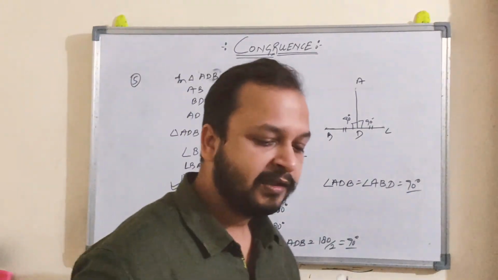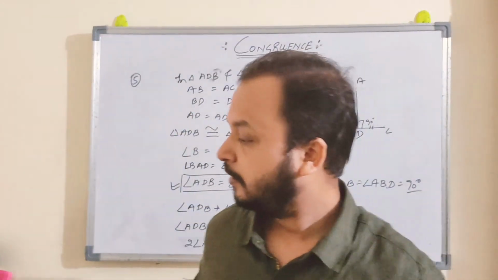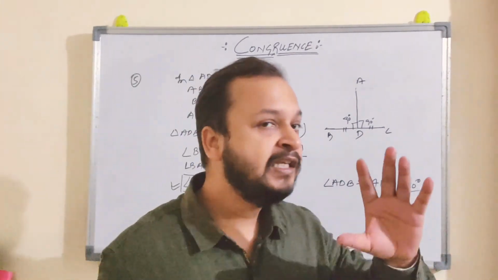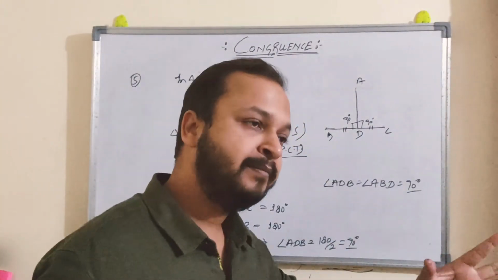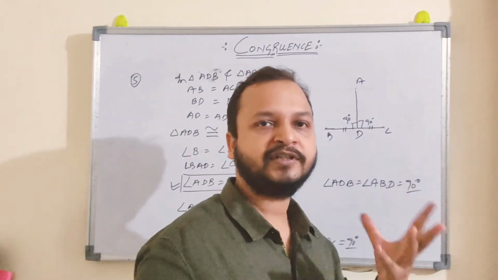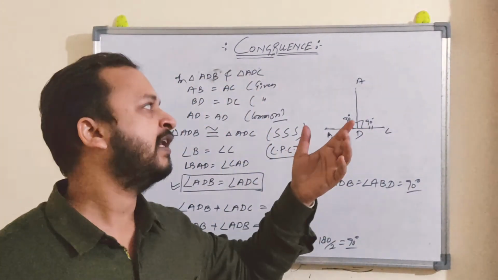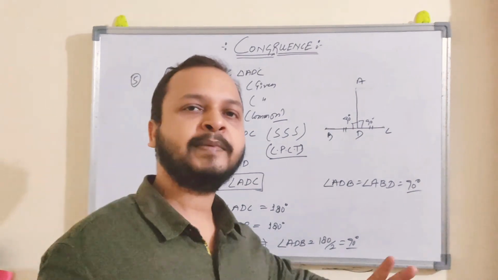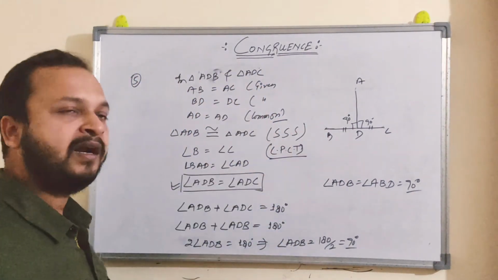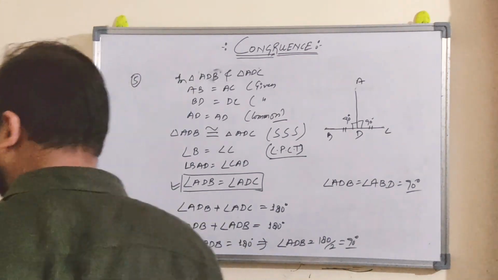You know that this is the congruency, right? Congruency means they must be of same size and same shape. So it means all the respective sides are equal, all the respective angles are equal. So that is why we will write all the things are equal after proving the congruency.